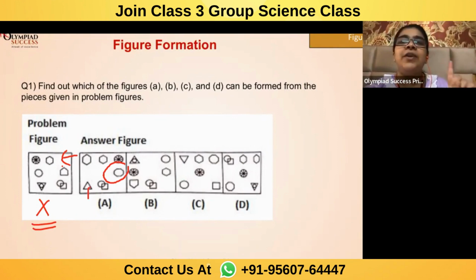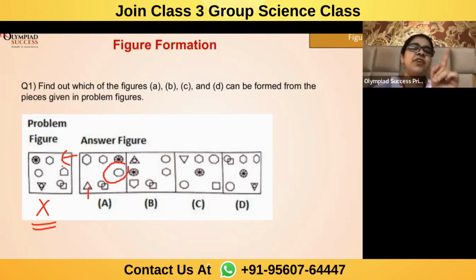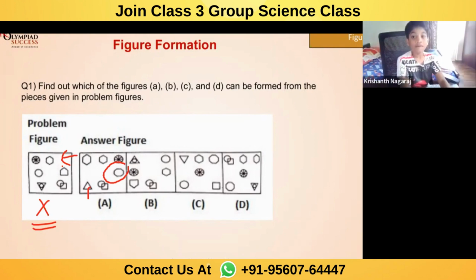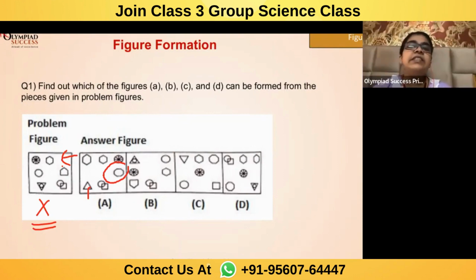And one more reason. Krishan, can you figure out one more reason for eliminating option A? Look very carefully. Because the triangle is not upside down. Okay, that can still be fine. There is one more change in the figure, Krishan.